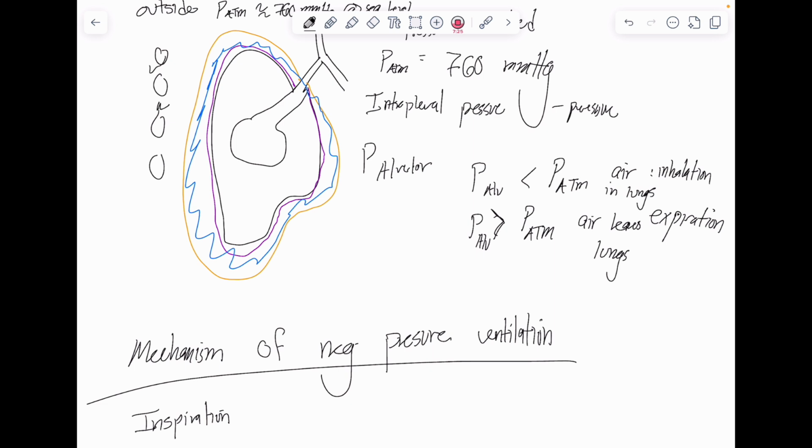The external ones, the ones outside of the visceral pleura, will contract to expand the rib cage.